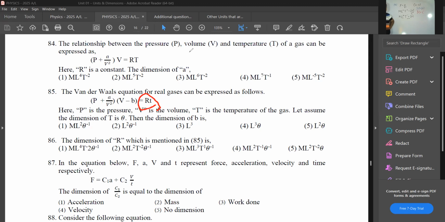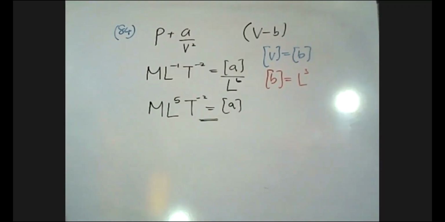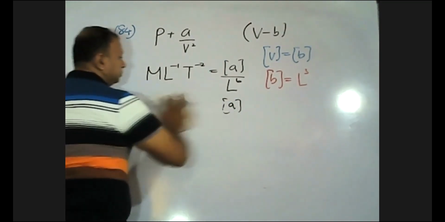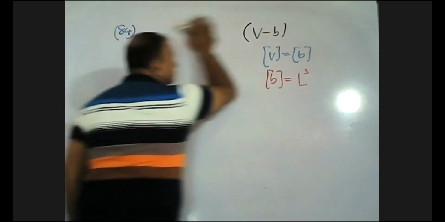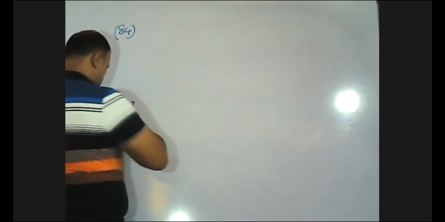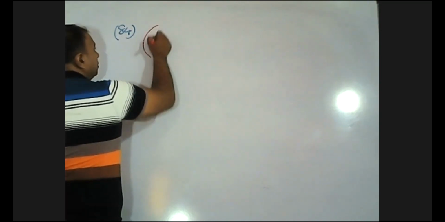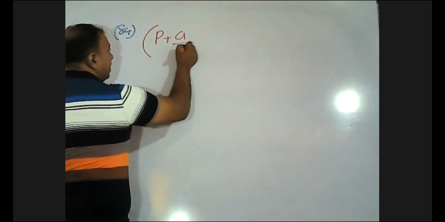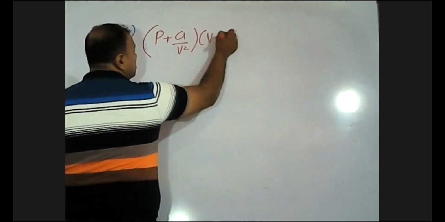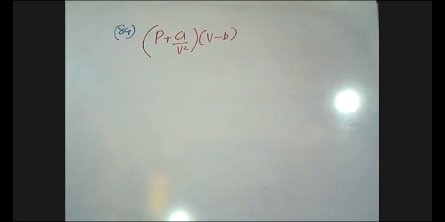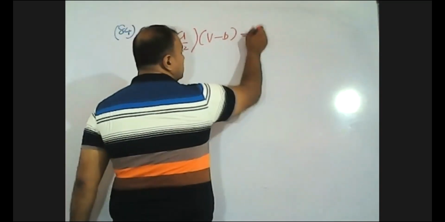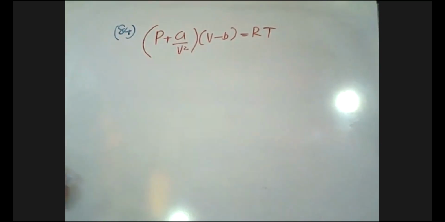Okay. How to get that? Look at this. In this equation, P plus A over V squared, times V minus B, is equal to RT.